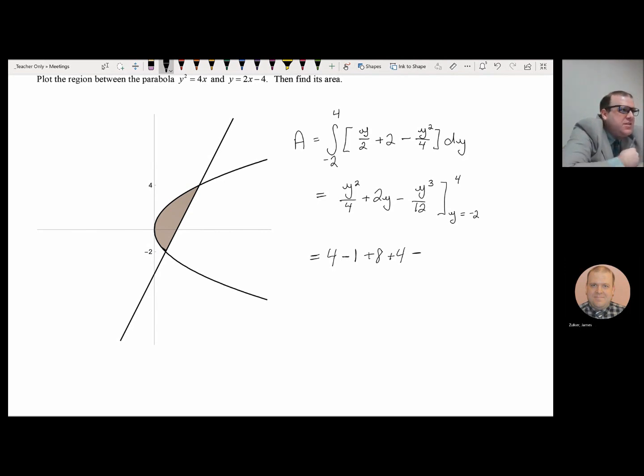Minus 4 cubed, 64 over 12, will be 16 over 3. Then it'll be minus negative, which will be positive, but then negative 2 cubed is negative, so it stays minus 8 over 12.